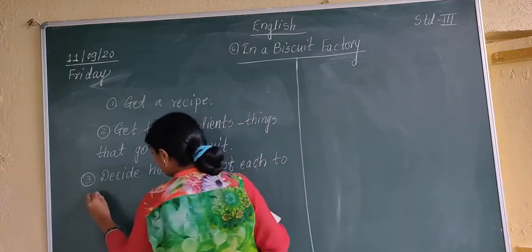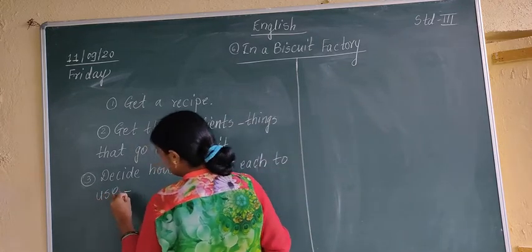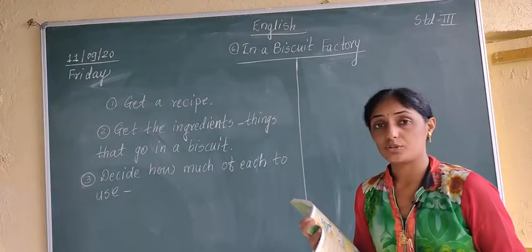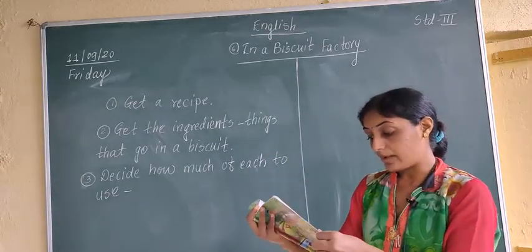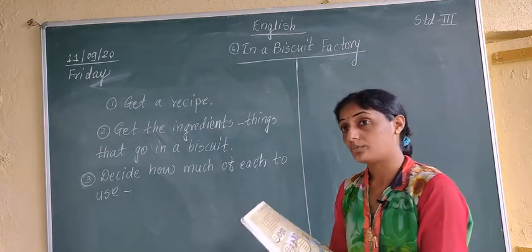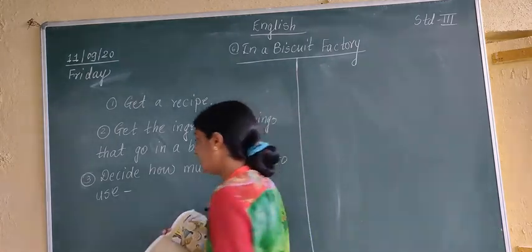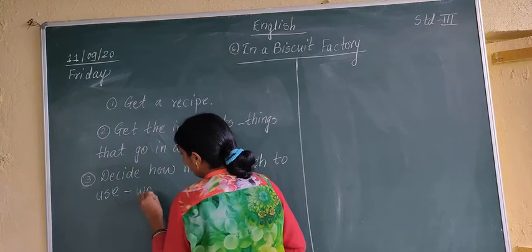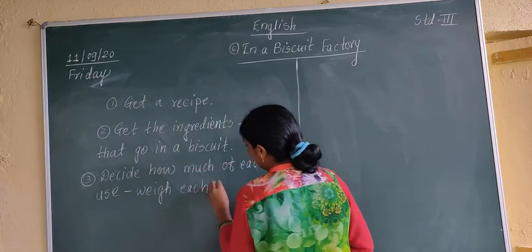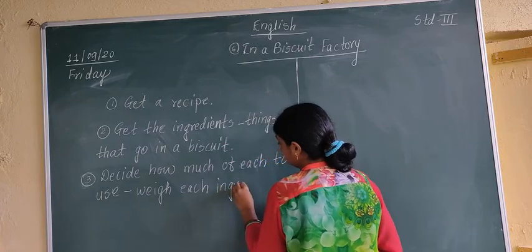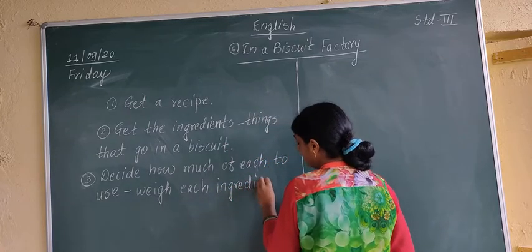Whatever ingredients are bought, how much we have to use in the recipe, we decide by weighing the ingredients. So, weigh each ingredient. The weight of the ingredients is done.